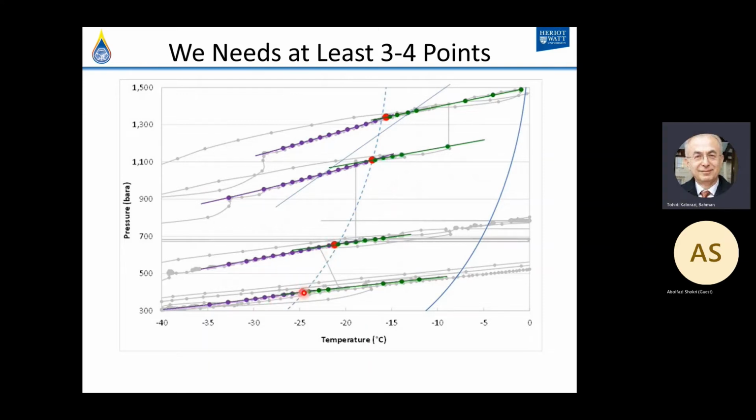Here you can see this is the hydrate dissociation point, and another one here, another one here, and another one here.